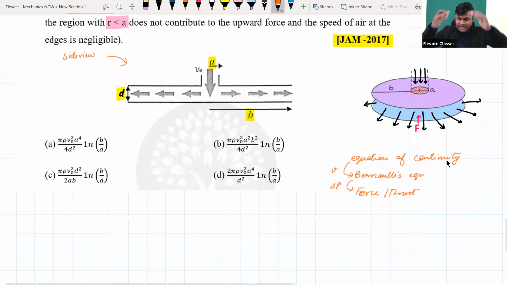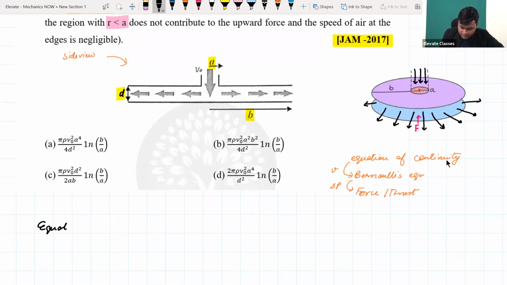So if you look at the entry and the exit, and I apply the equation of continuity, the equation of continuity basically tells us about the area of cross section and the velocities associated with the fluid flow in and out. What is the equation of continuity? It simply says the area of cross section 1 times V1 is equal to area of cross section 2 times V2.